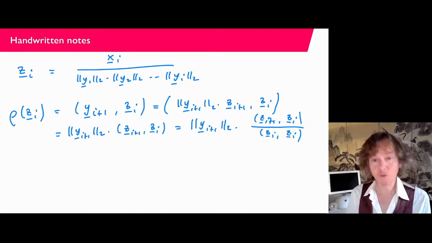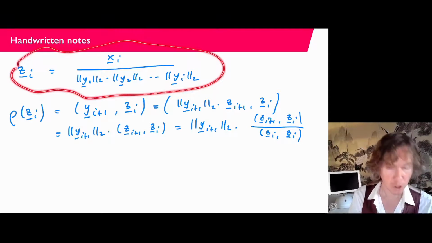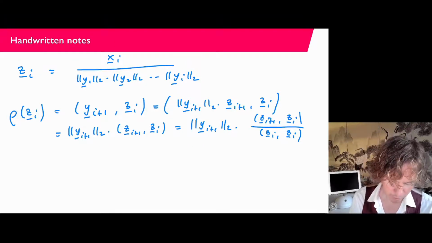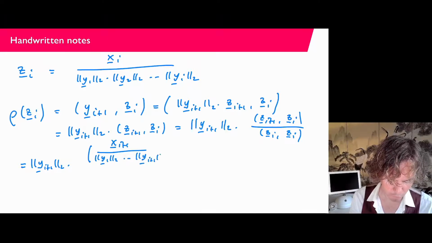And now for all the z's, I am going to plug in the formula that we had derived to get from z to x. So what we find, I just copy the length of i plus 1. And then in the numerator, I find x i plus 1 over all these lengths up to i plus 1 for the first term.